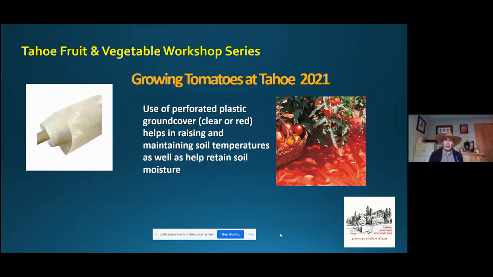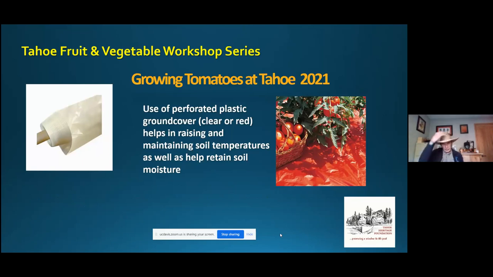Again, for growing tomatoes in Tahoe, we are fighting the cool evening temperatures, and the cool evening temperatures affect the soil. So planting either through perforated plastic, clear or red, will help you increase your soil temperatures as well as retain soil moisture.